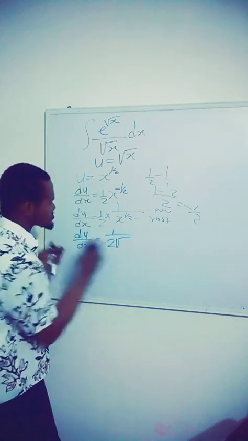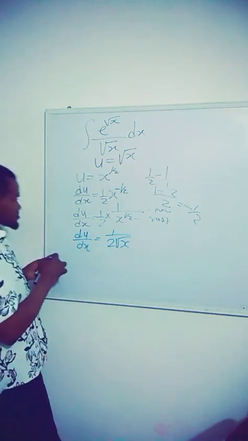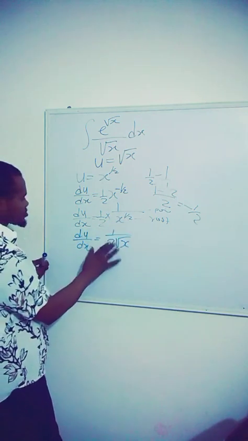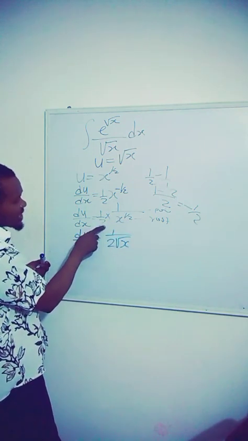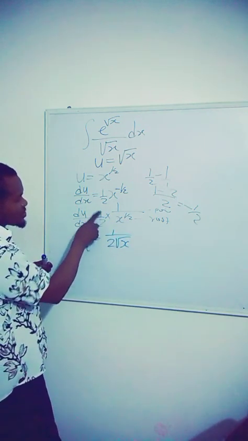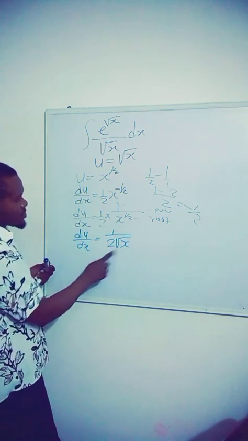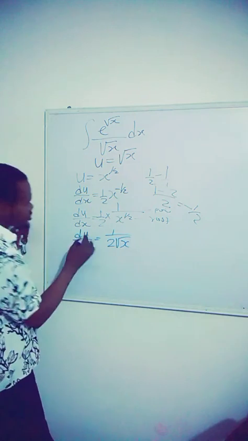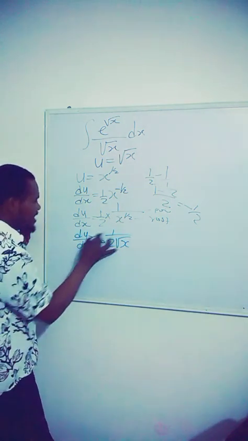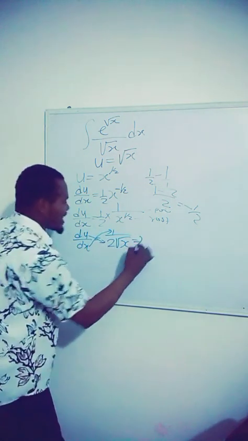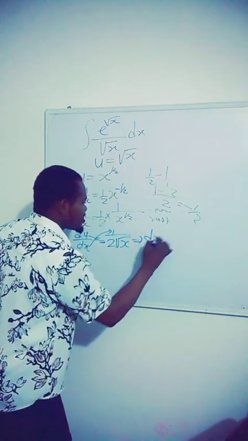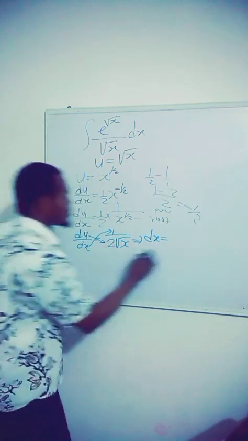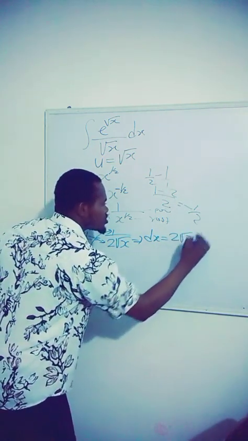Somebody was asking where is the 1 over 2. See the 1 over 2 here, this is what you are having here. So making this the subject of formula, du will multiply this, dx will multiply 1. So that implies that dx is equal to 2 root x du.